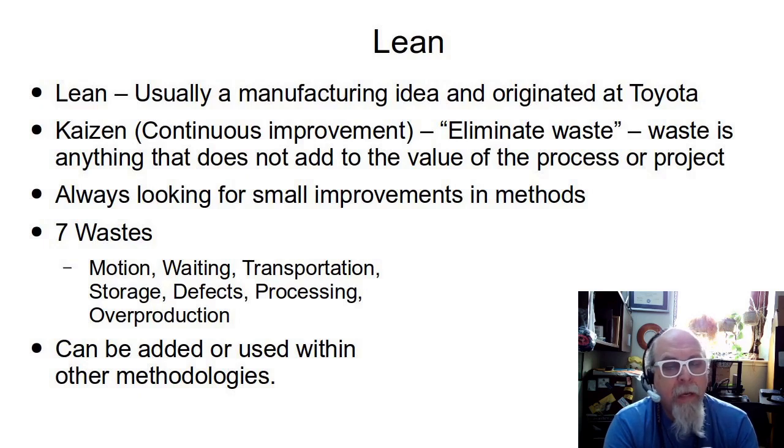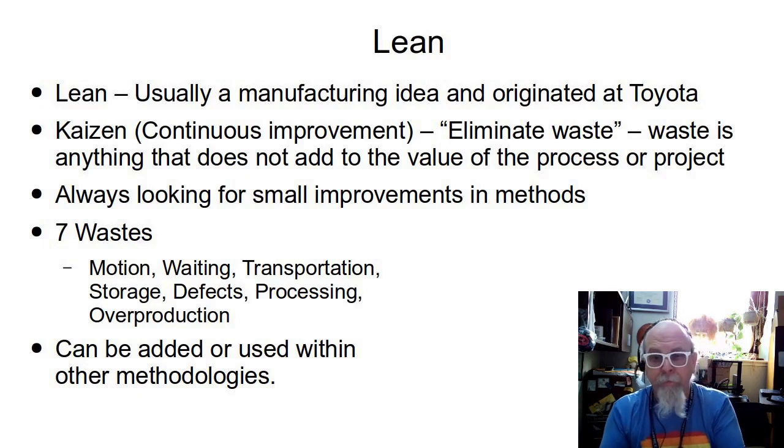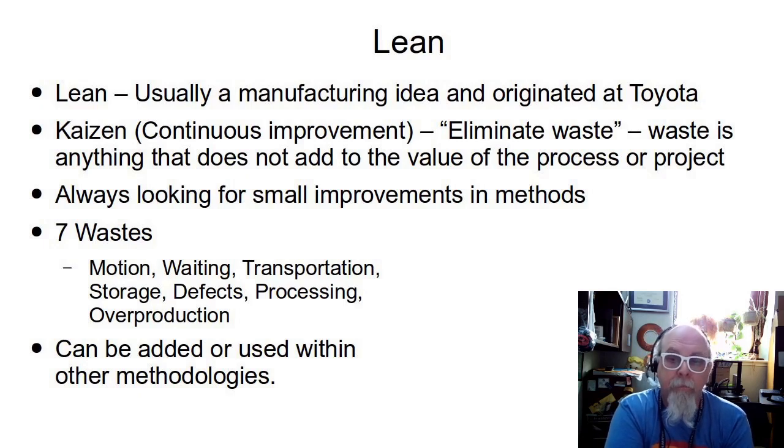The 7 wastes are the waste of motion. So if you've got to move something from one place to another, that's a waste. Redesign the process so that things are close and motion doesn't happen, or repetitive motions are smaller.